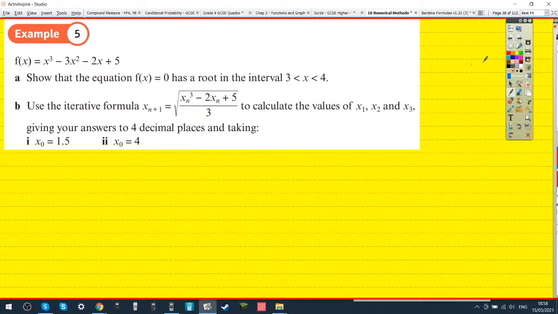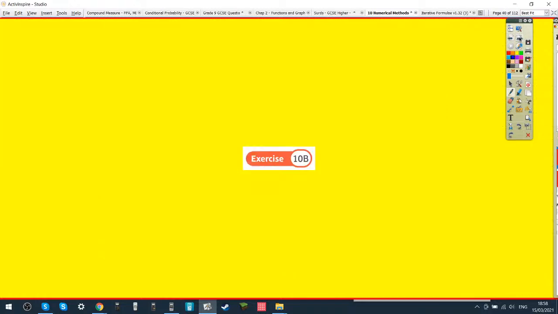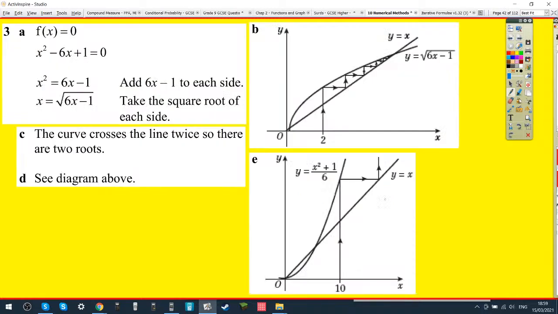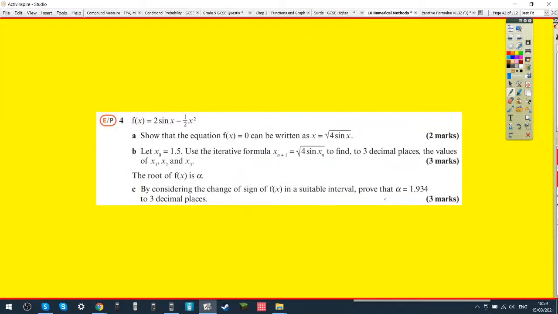Yeah, that's fine. So we did those ones. Sketch the graph. Write down the number of roots. x0 is 2. Rearrange it to that and do that one.